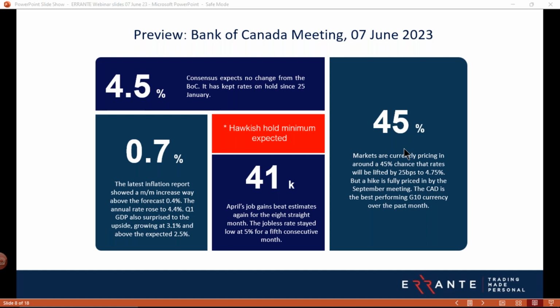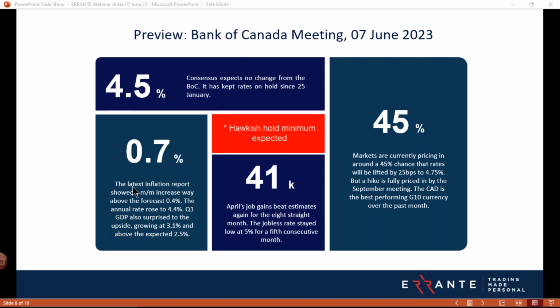Interestingly, in recent months there's been an expectation that Bank of Canada would keep its policy rate unchanged through the rest of this year, and they've obviously kept on hold since the January meeting. But then we've had stronger than expected GDP, 3.1% versus 2.5%, and CPI metrics have been stronger than expected, 0.7% month on month versus 0.4% forecast.